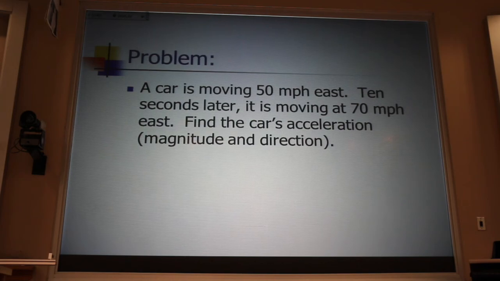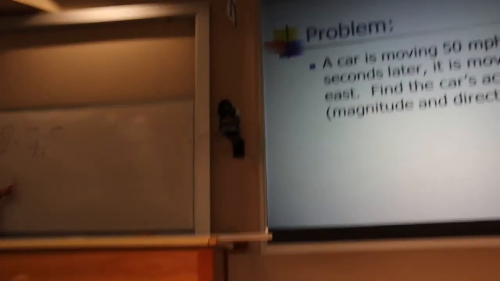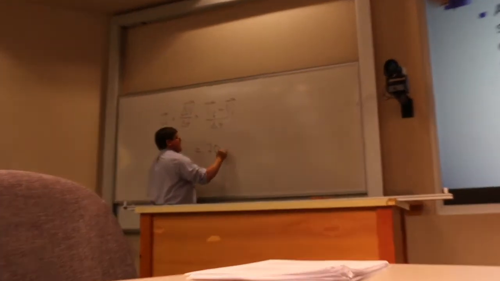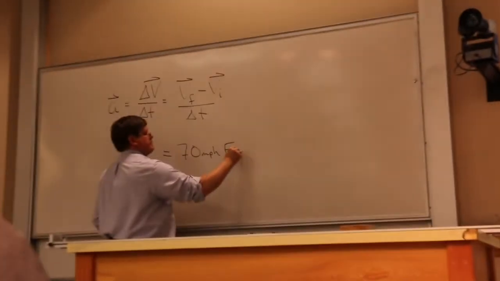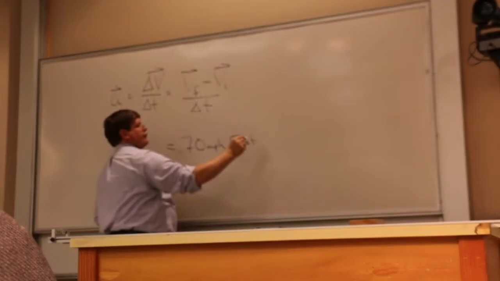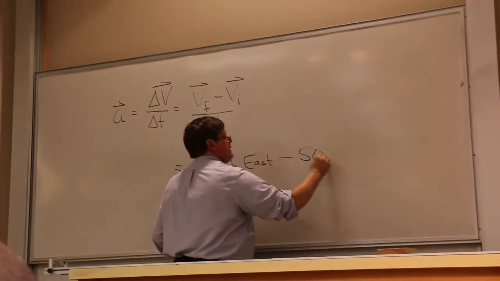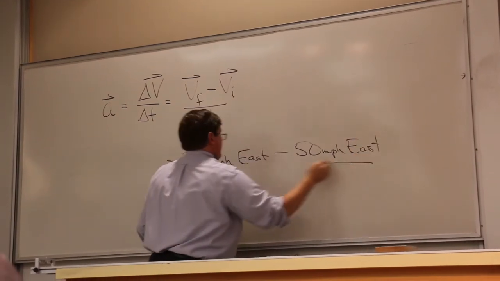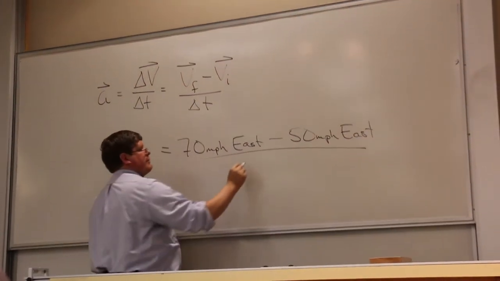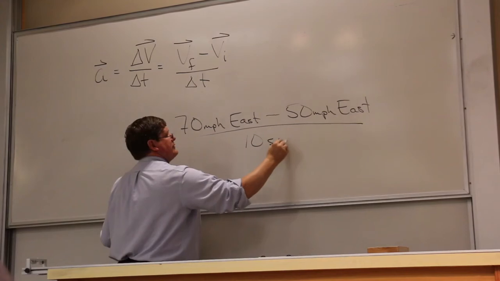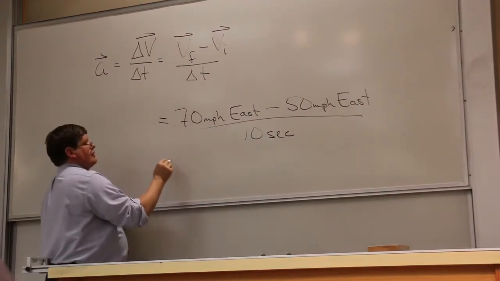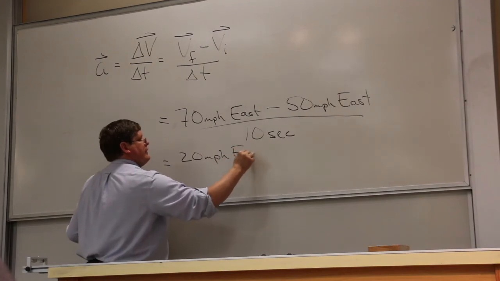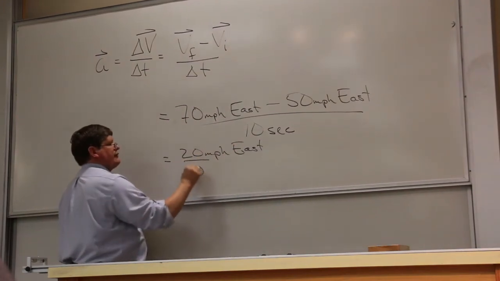Okay, let's do it together now. The final velocity is 70 miles per hour east. The initial velocity is 50 miles per hour east. That change happens in a time of 10 seconds. That's going to be a change of 20 miles per hour east in a time of 10 seconds.